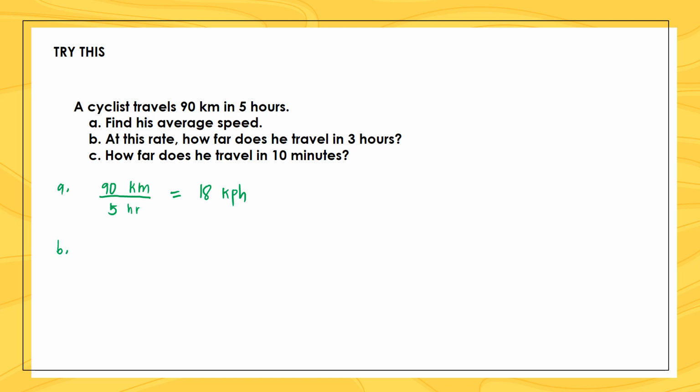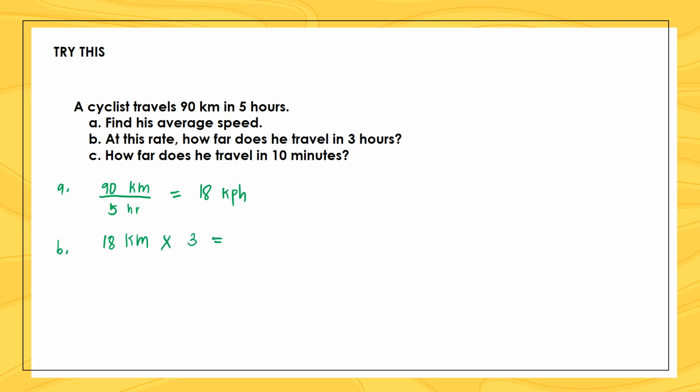Now that we already know how far the cyclist could travel in an hour, we could now proceed with letter B. At this rate, how far does he travel in 3 hours? So we will just need to multiply 18 kilometers, since this is the distance that the cyclist could reach in an hour, by 3.